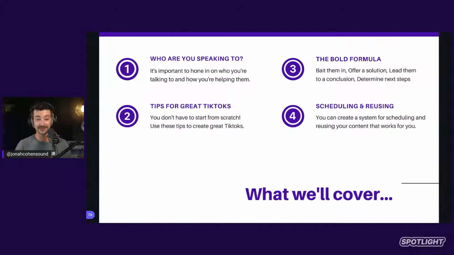So, what we're going to cover today are some of the most important aspects for any social media, but specific to TikTok. It's important that you know who you're speaking to. So I want to give you a guide and a formula so you can speak exactly to one person. You may feel in your heart of hearts that your brand can talk to everyone, that everyone should know what you're saying, or it's a huge audience, and that's fine.